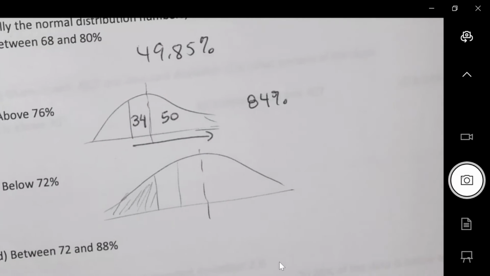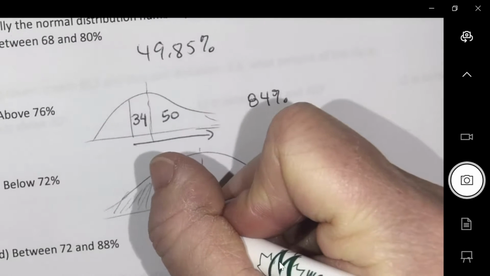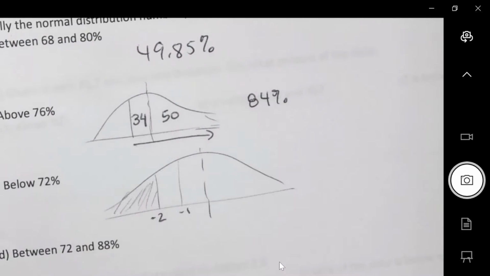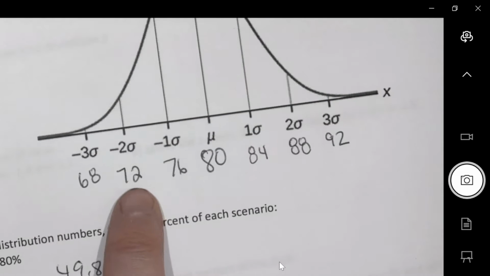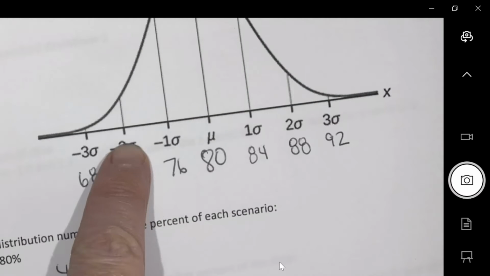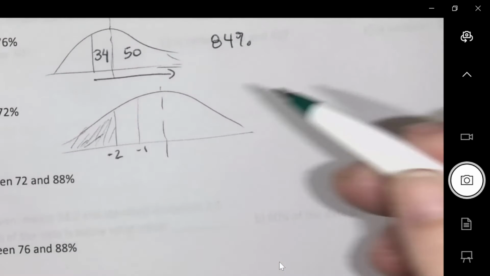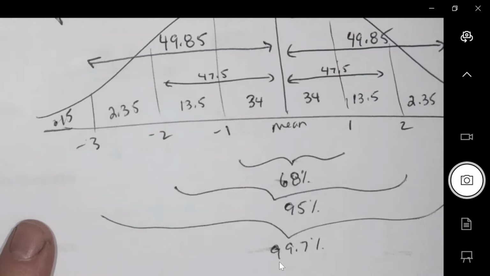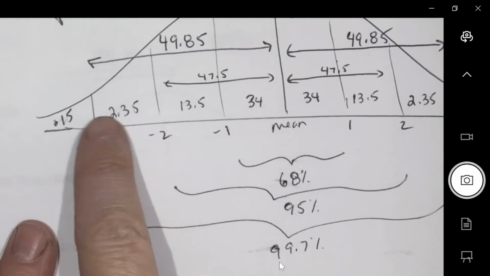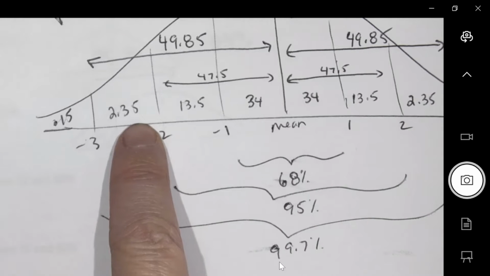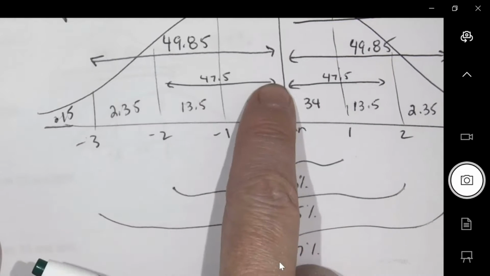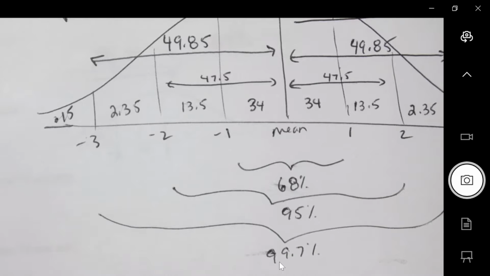Okay, below 72, so 72 is at the -2 spot. What's below it? What are we going to do here from the -2? We could add those two sections, or we could do 50% minus the 47.5.